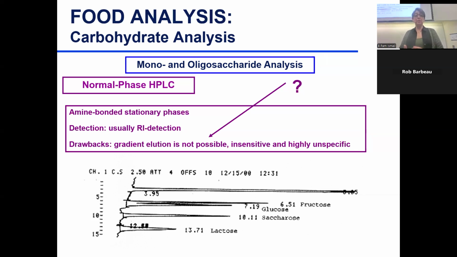So usually we have refractive index detection. When we have refractive index detection, if you remember, we mentioned it in chromatography, we cannot have gradient elution. Why? It has to be isocratic, the same concentration of the mobile phase. Usually it's water or a buffer.